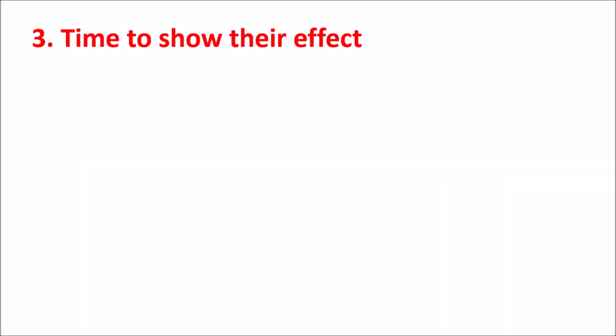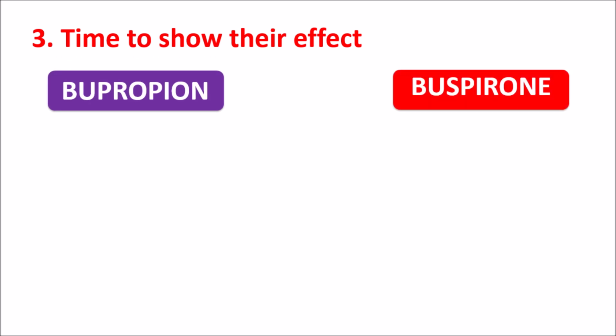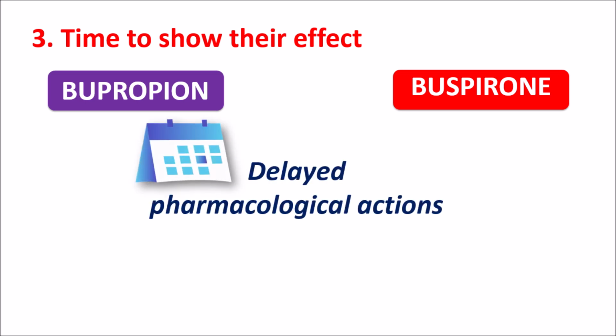Third one, time to show their effect. At this point, both Bupropion and Buspirone show similar effects. Both of these drugs act centrally, but they show delayed pharmacological actions. That means they cannot produce the therapeutic effect immediately after administration. They take a few days of treatment in order to show their therapeutic effect.